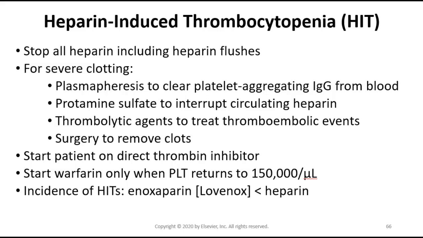The antidote is protamine sulfate. And then, of course, it's the treatment of the sequelae for what would happen if there were clots. And then these folks would be appropriate to go on a direct thrombin inhibitor, or they could also go on Coumadin, but only once their platelets are back within normal range.